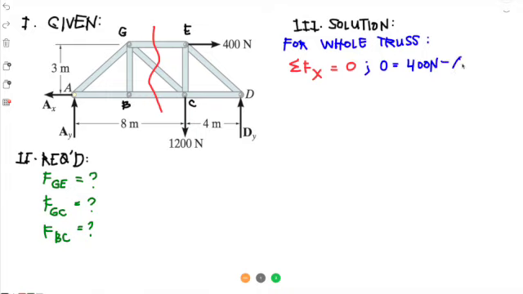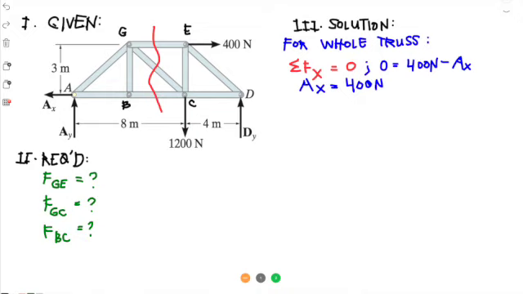Therefore, AX is 400 newtons. So we already easily get the value for the reaction in joint A, the horizontal reaction, which is also a 400 Newton force.